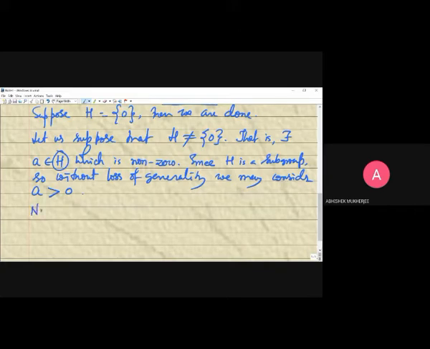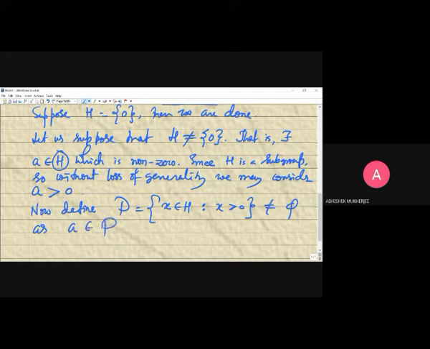So now define P. P is the set of all A belonging to capital H which are strictly greater than 0, that is, x greater than 0. Now this set is non-empty because A belongs to P, as A is a member of H which is strictly greater than 0.